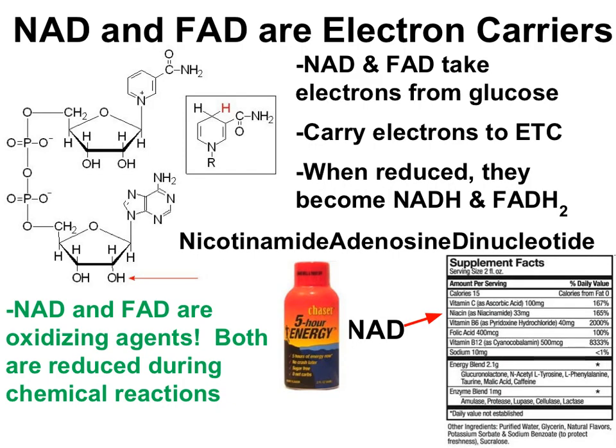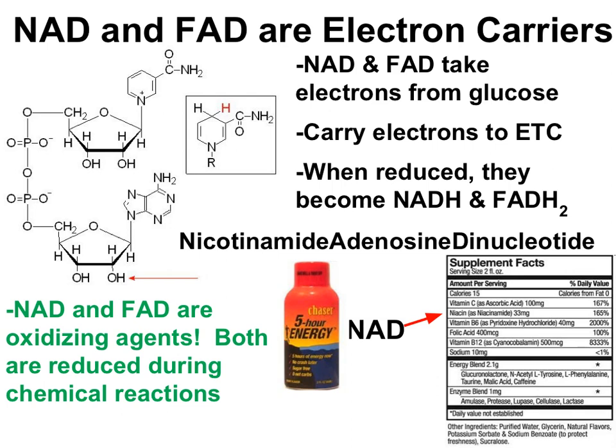I think it's important now to take a look at NAD and a related molecule called FAD. Here's a picture of NAD molecule. Both NAD and FAD are electron carriers in cell respiration. They take electrons from glucose and carry those electrons to the electron transport chain. NAD and FAD are the oxidized versions of the compounds.